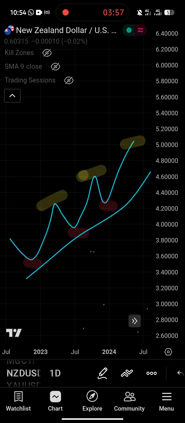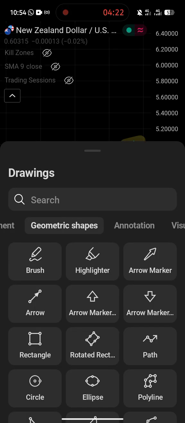So the red parts which are marked or highlighted are the higher lows. You get me? The higher lows are the bottom of the wave, and the higher highs are the top of the wave. So let's take this place, for example.